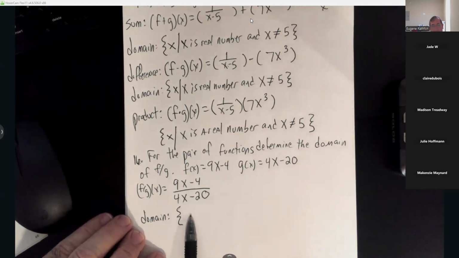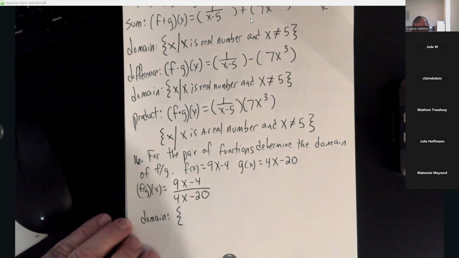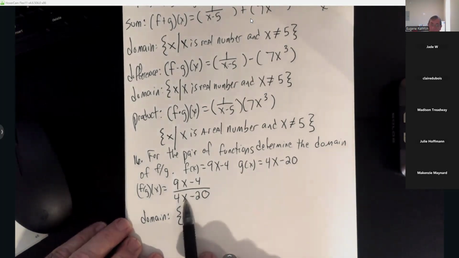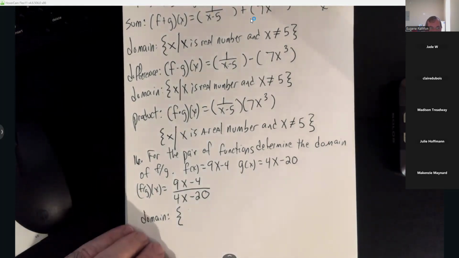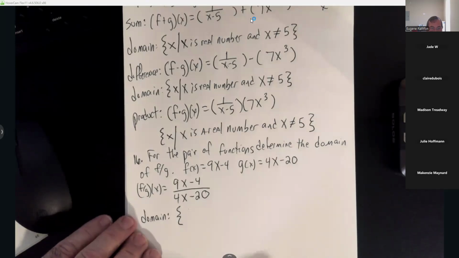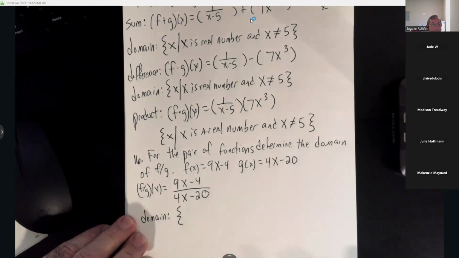You are not excluding any numbers from this domain? But that's a fraction sitting there. And I do have a variable down there, so there is one number that this x cannot equal. So what number can that x not equal?